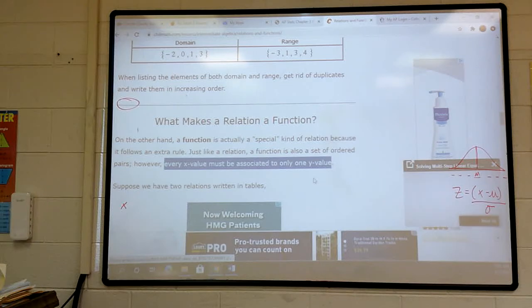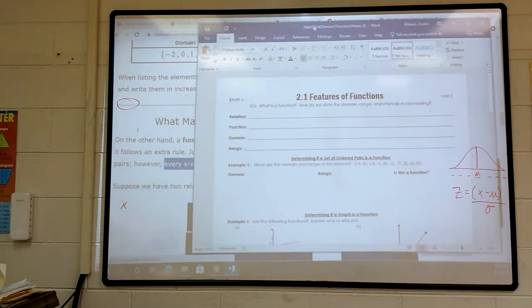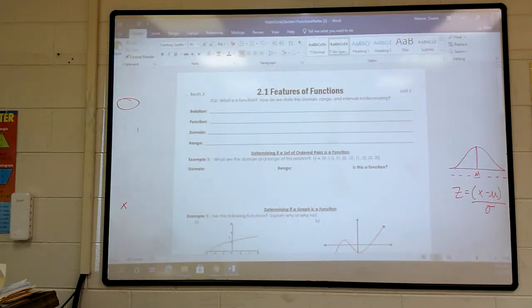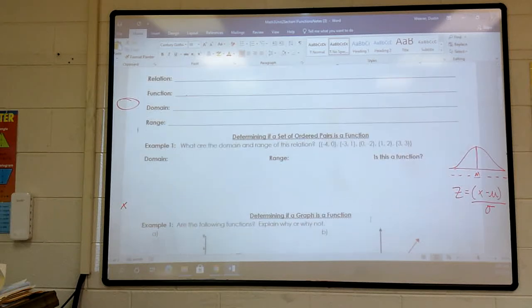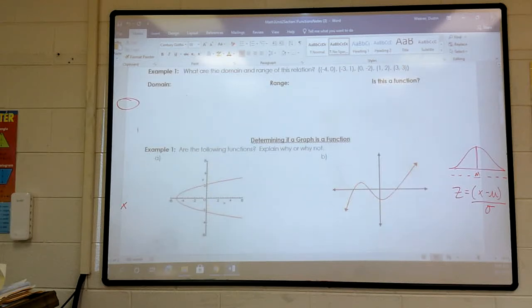Okay? So example 1 says, what are the domain and range of this relation. And I'm going to pull that up on the screen and zoom in for you. So the domain is going to be all of our x values, right?